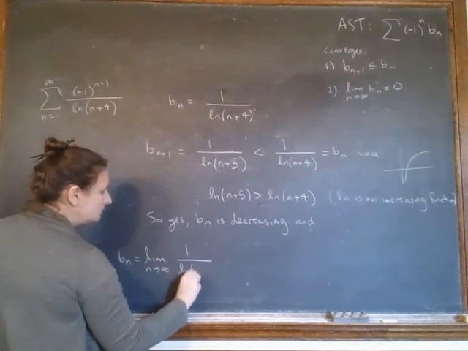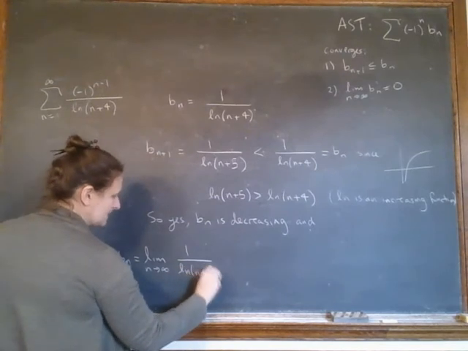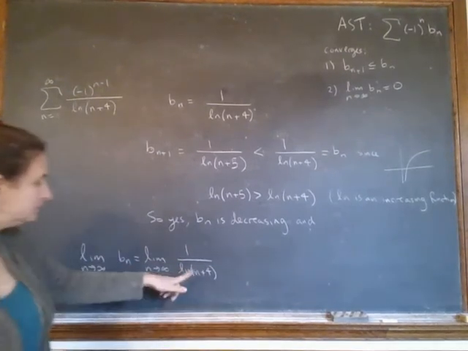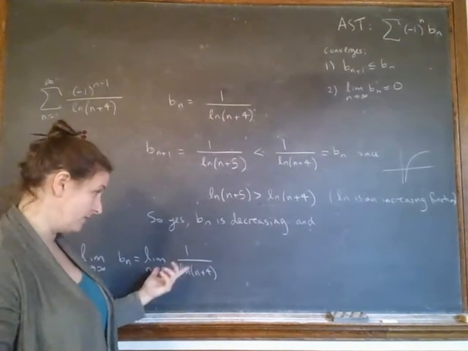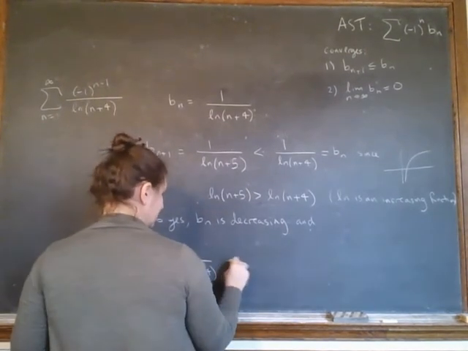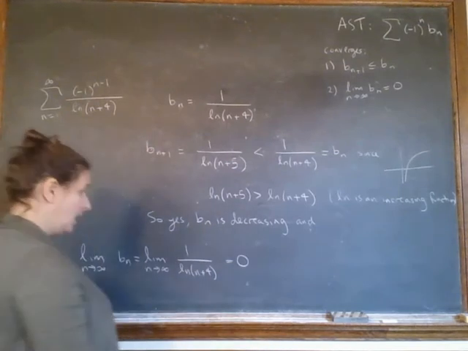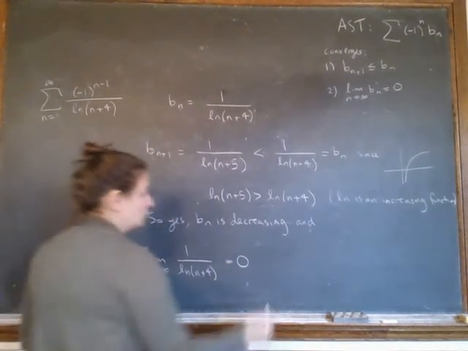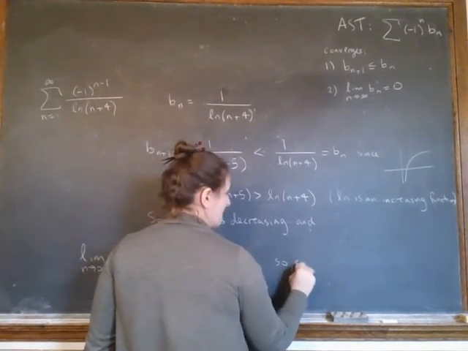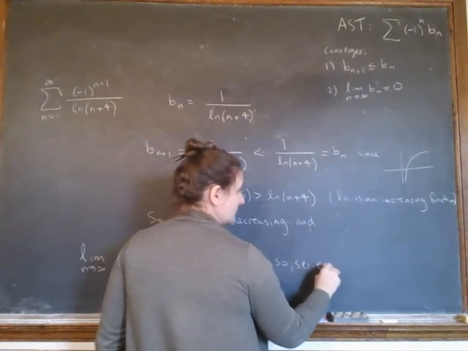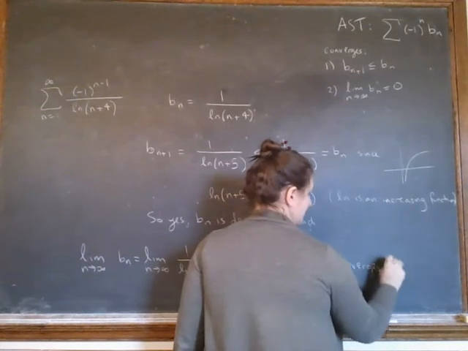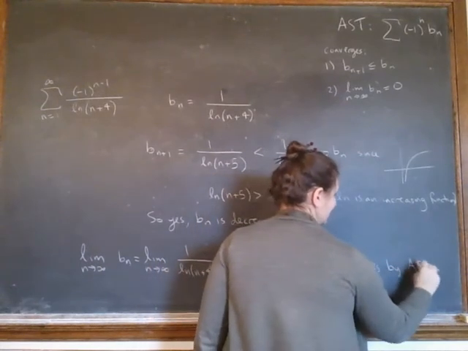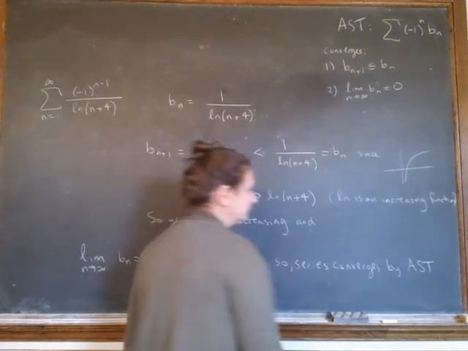Now we know that as n goes to infinity, natural log of n also goes to infinity. So we have 1 over infinity. This guy is going to go to 0 as desired. So the series converges by the alternating series test. Okay?